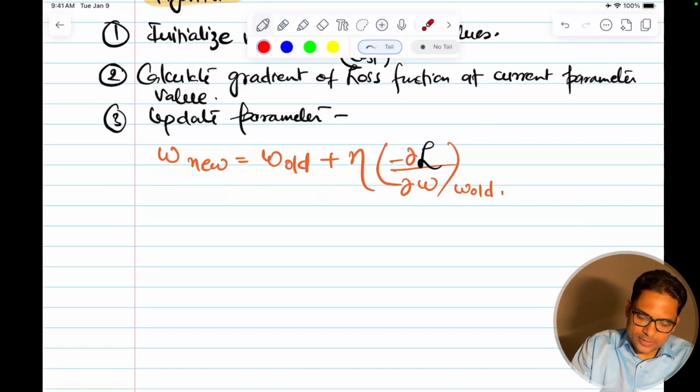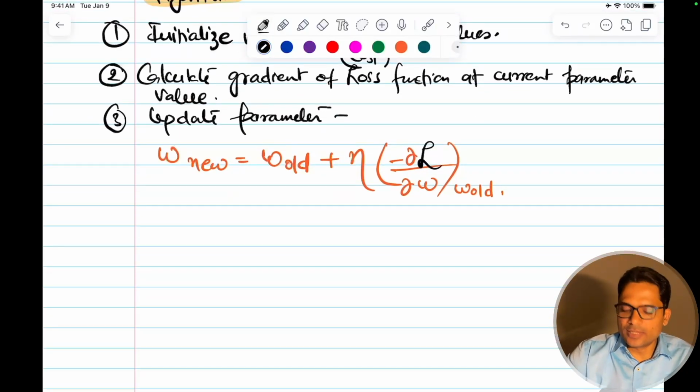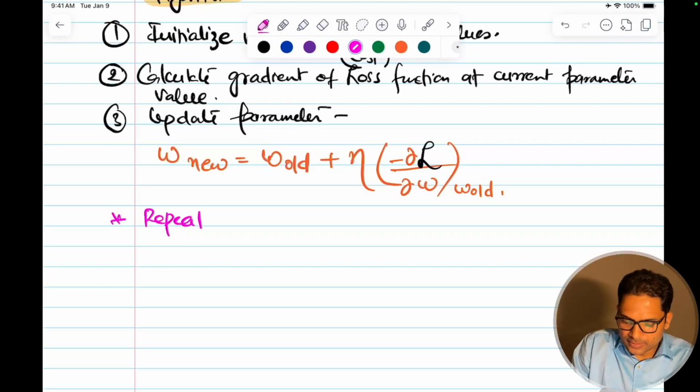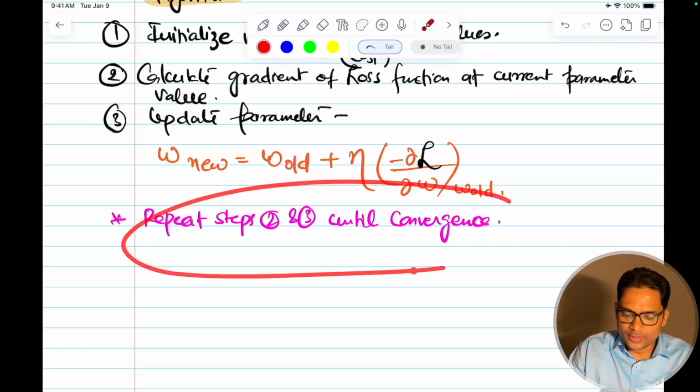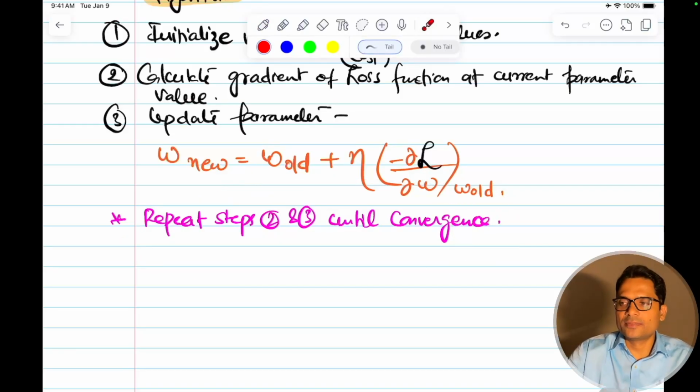And then repeat steps 2 and 3 until convergence, that is until you reach the point of minima.